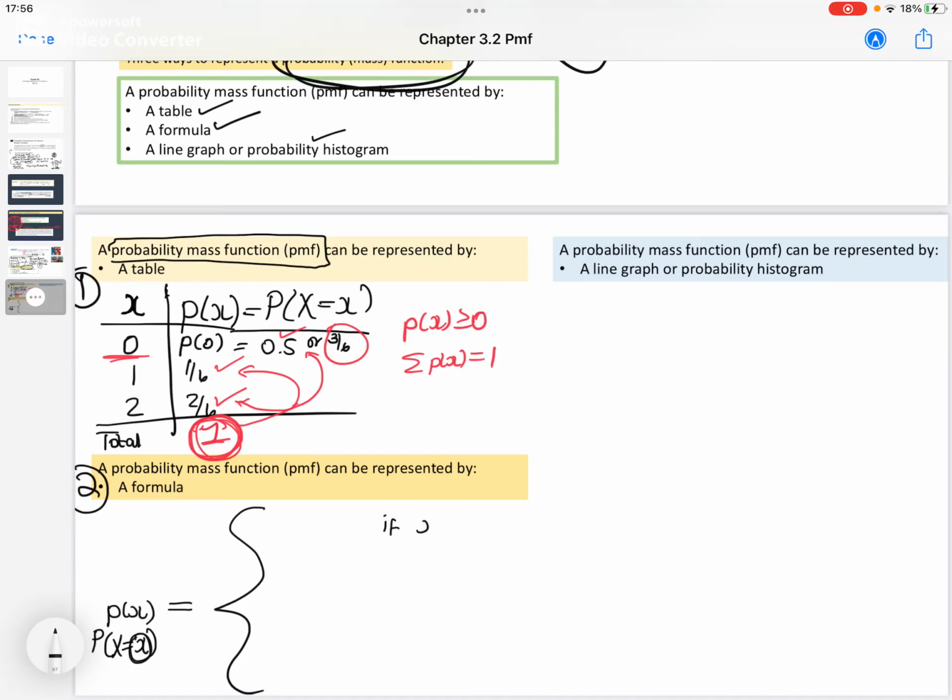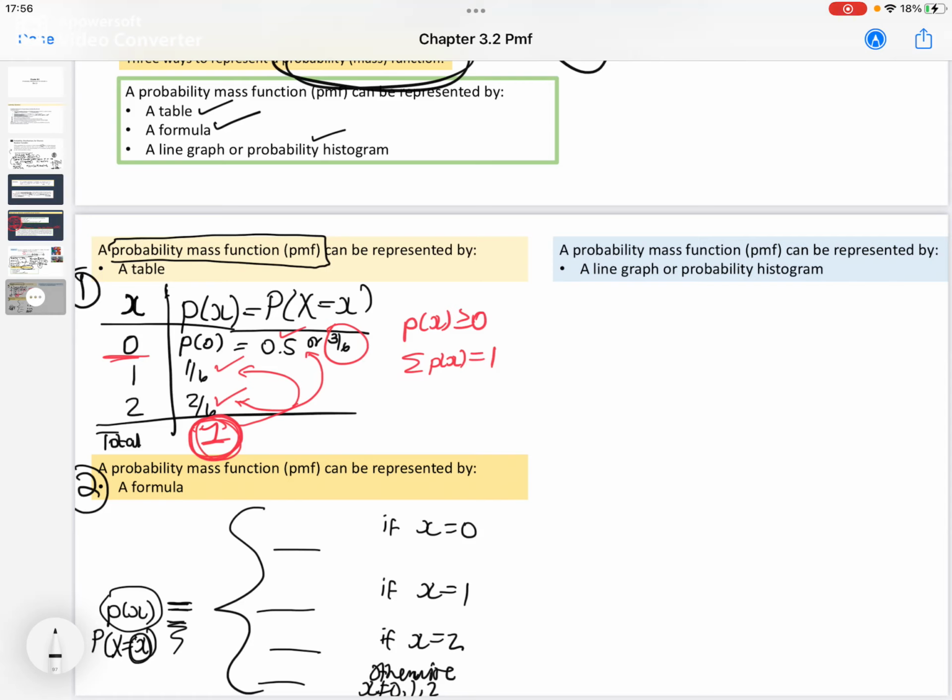So what is the probability if x is equal to 0? And what is the probability if x is equal to 1? And what is the probability if x is equal to 2? And what is the probability otherwise, if x is not equal to 0, 1, or 2? So we will represent it as a formula in this way, where you write P(x) equal to, in curly brackets, the probabilities for each possible outcome.